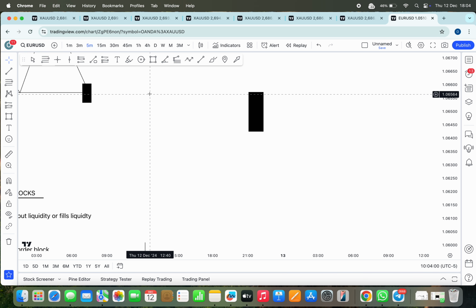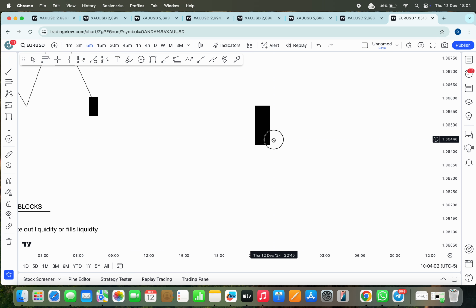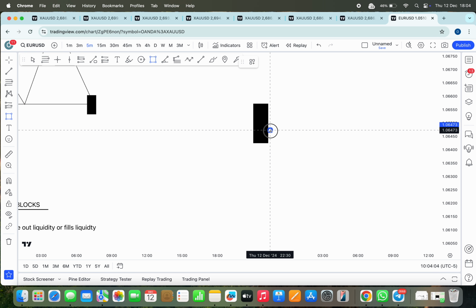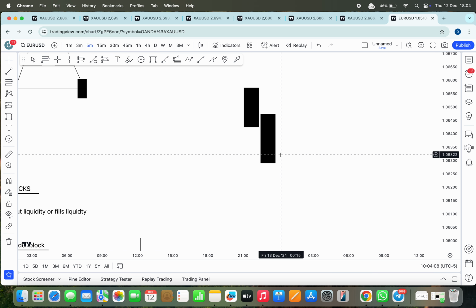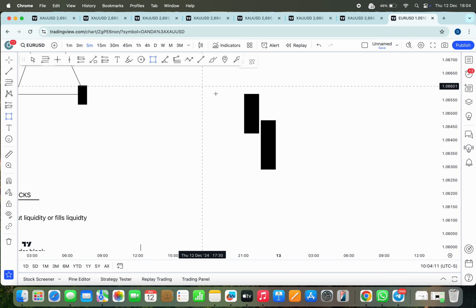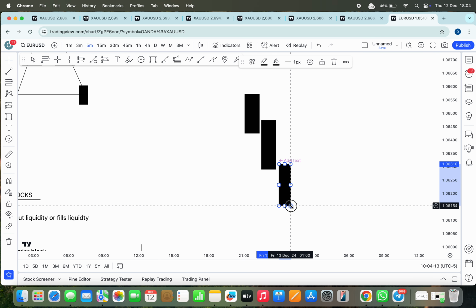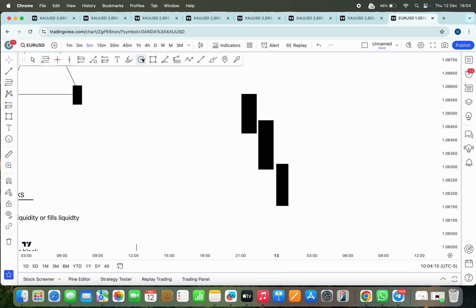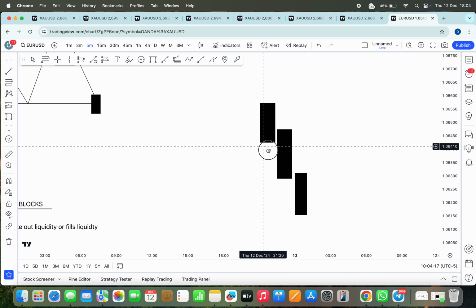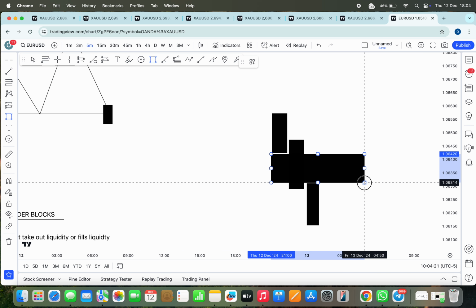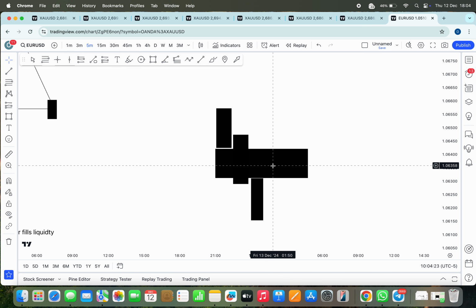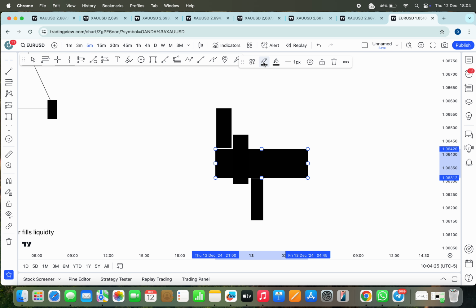There's the first candlestick, and the second bearish candlestick over here that left the fair value gap over here. Hope you won't mind the background noises. Okay, so this is our fair value gap right here.